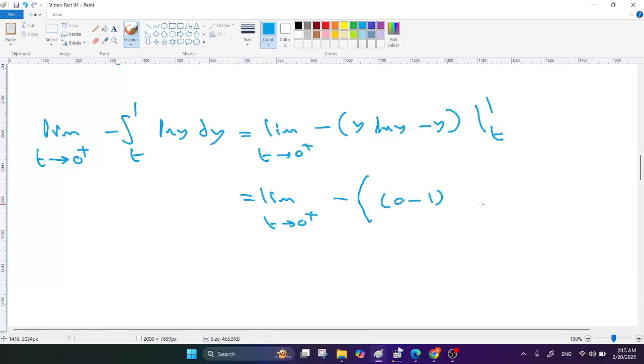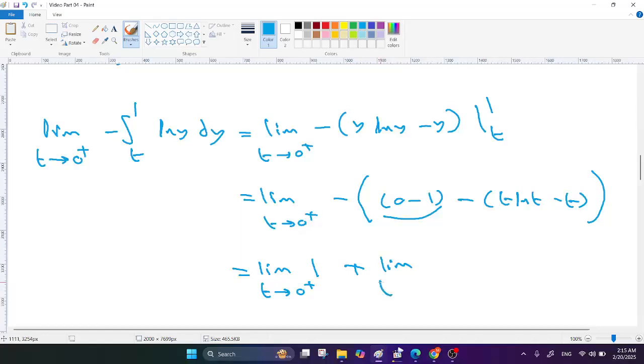So 0 minus 1 minus t ln t minus t. Very nice, right? So this equals limit as t approaches 0 from the right. Here you have minus 1. With minus 1, positive 1. You also have minus times minus, plus. So plus limit as t approaches 0 from the right of t ln t minus t.